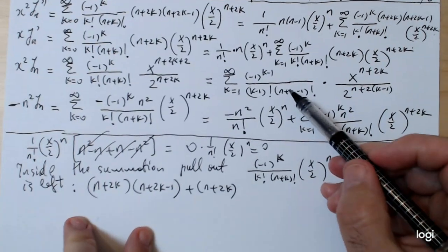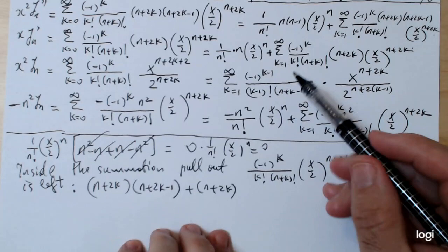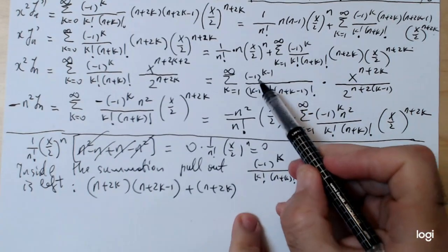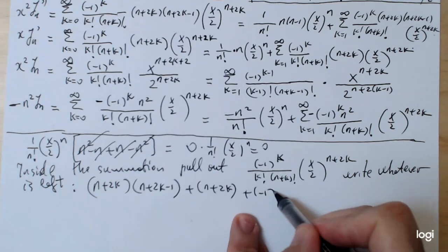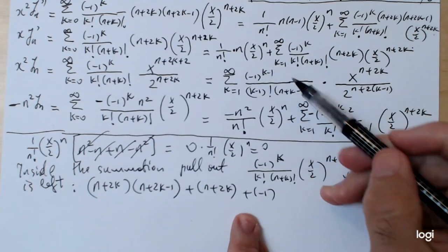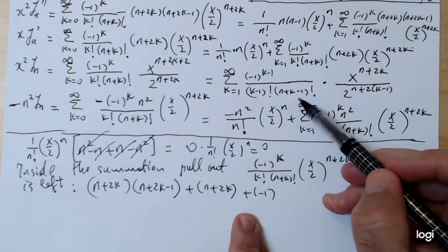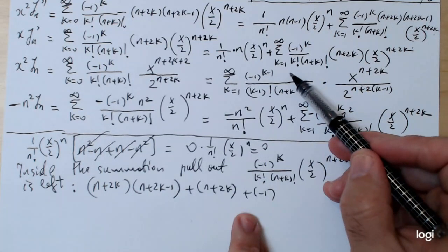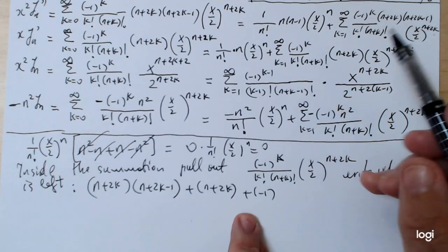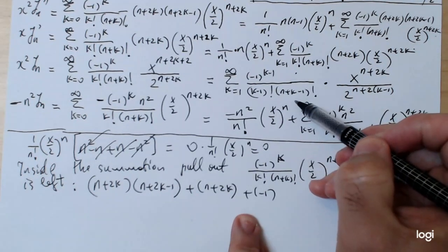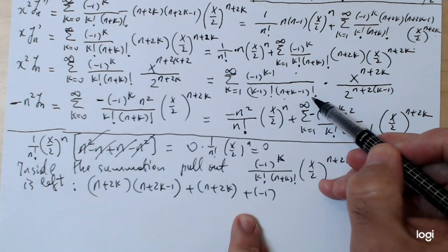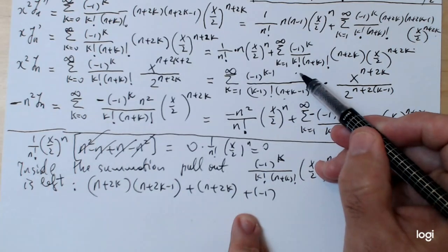The third term is a little bit trickier, so pay attention here. If I pull out minus 1 to the k, I'm left with a minus 1. If I pull out n plus k factorial, that's like having an n plus k on the top. Now imagine, for example, you multiply both sides by n plus k. That'll make n plus k factorial on the bottom, and you're left with n plus k on the top.